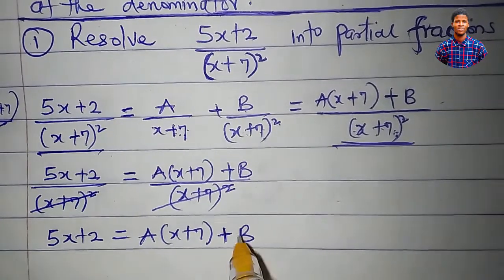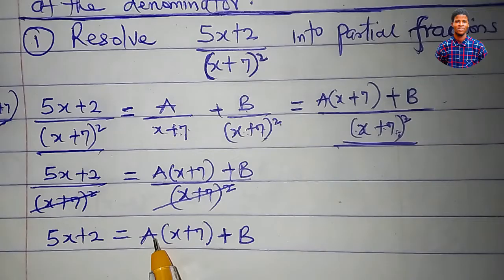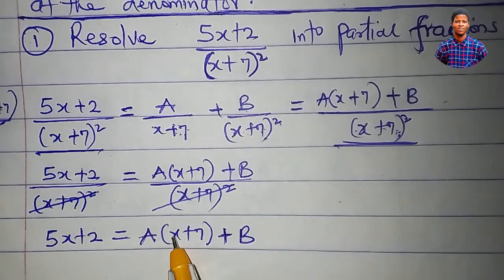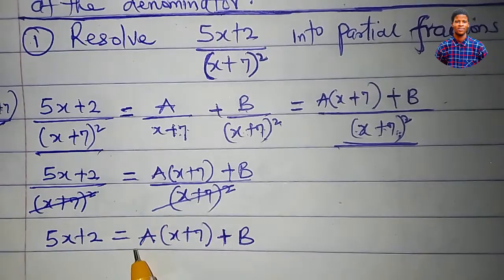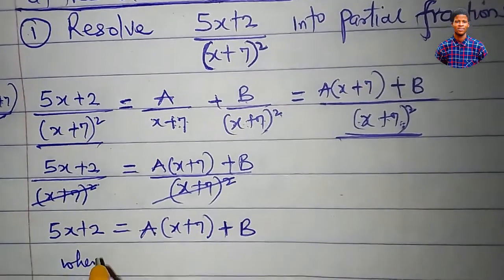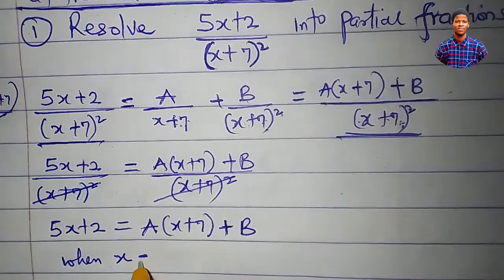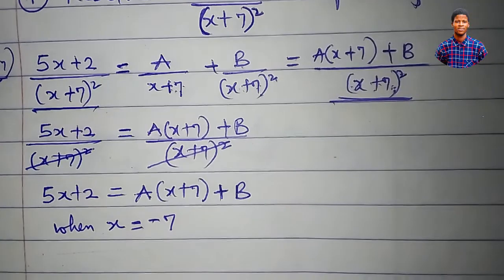b. Now, see how we are going to get the values of a and b. Using the cover-up method, we can eliminate a. If we choose a value for x, minus 7, minus 7 plus 7 is 0. Everything here turns to 0. When x is equal to minus 7, we are trying to eliminate a now.